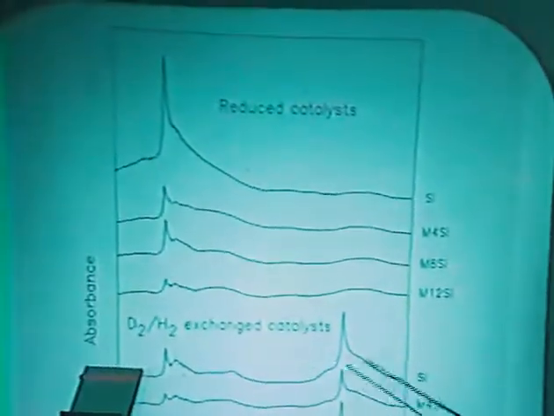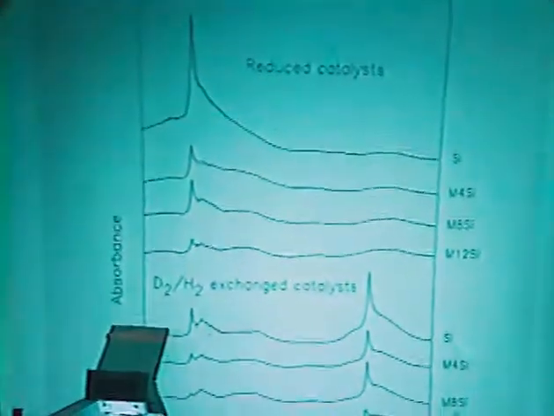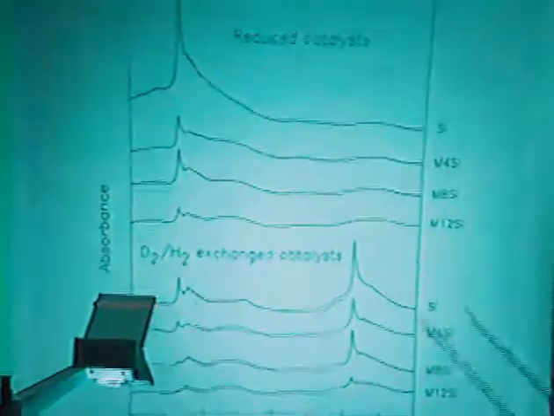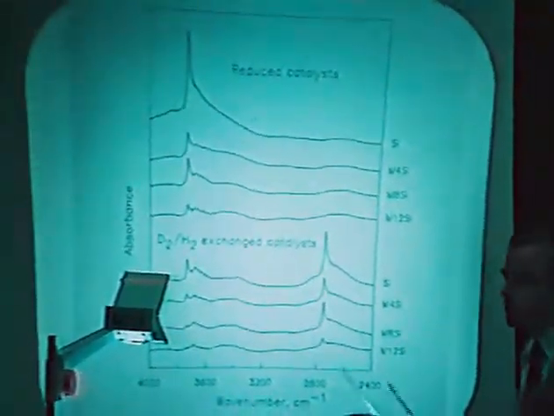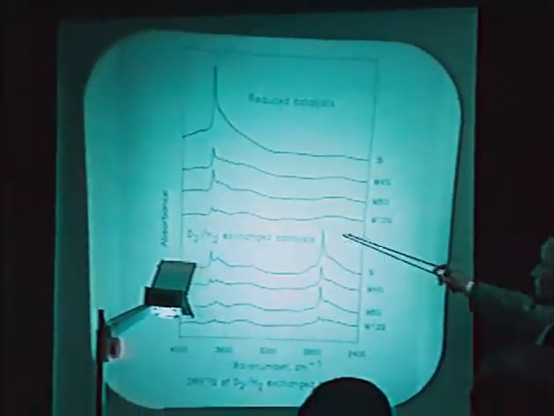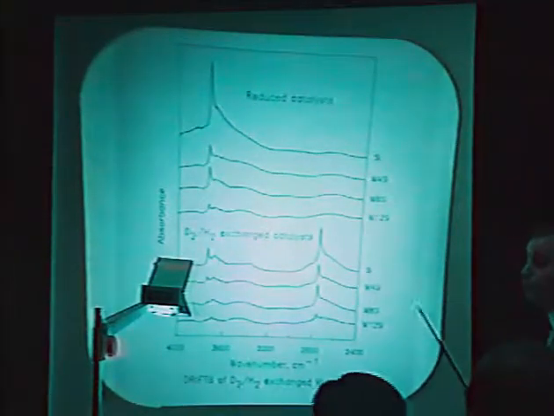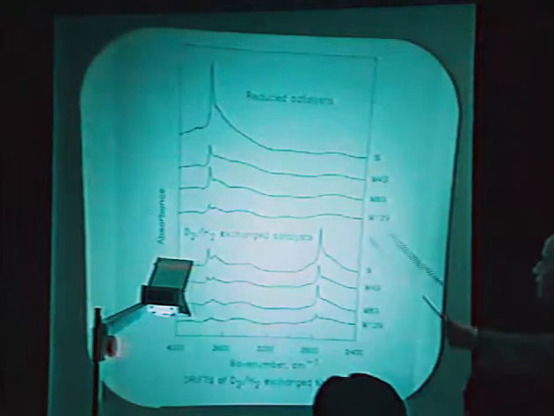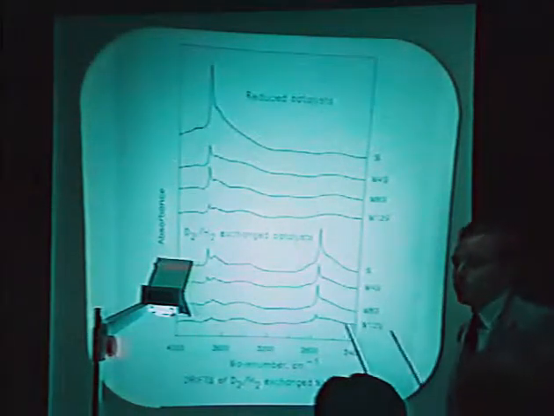Now, we achieved the exchange with D2 at 400 degrees, and we found the peak at 2757 centimeters, showing that this peak is the OD group. This is showing, and this is not new, that silica just exchanged with D2.